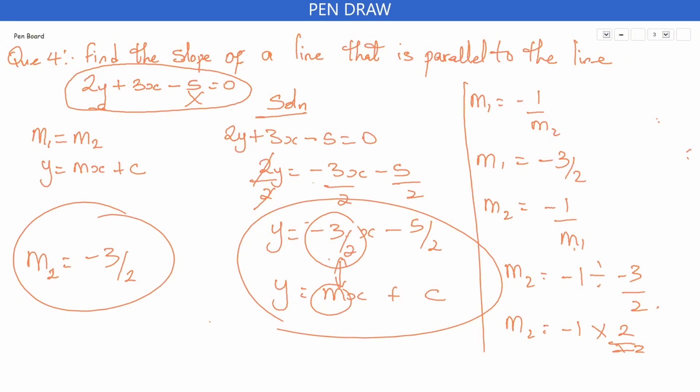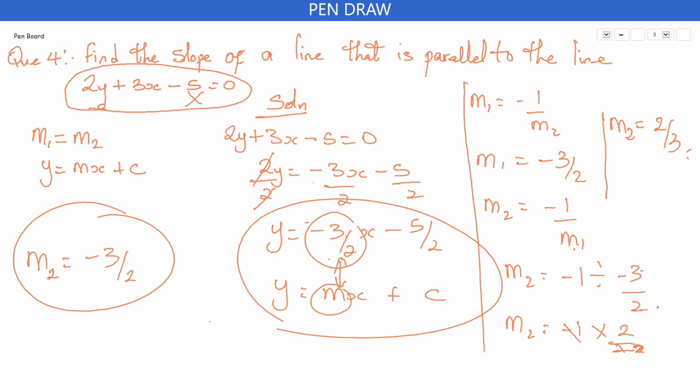So minus cancels minus. So automatically, permit me to write it here. Our m2 to be equal to 2 over 3. Do you understand? Because if I change this thing to multiplication sign, it will automatically change this thing to the inverse of this. So 3 will move down and 2 will move up.